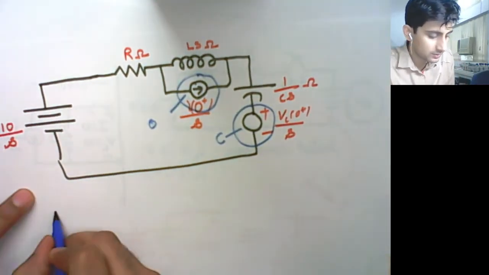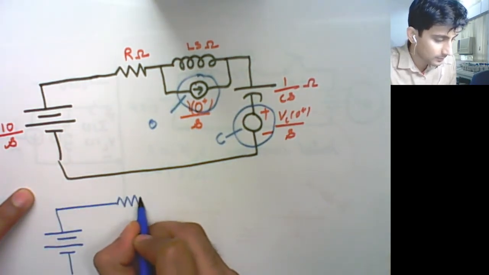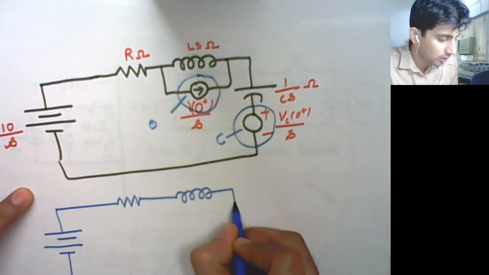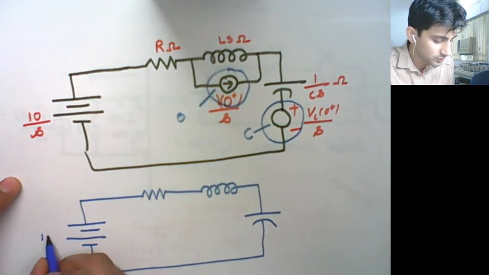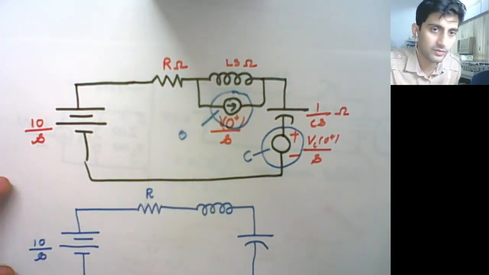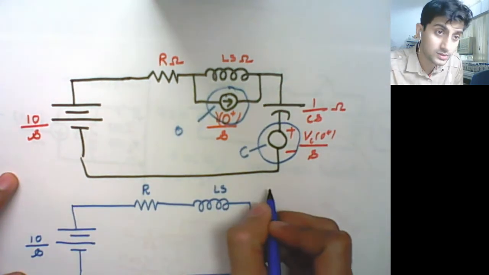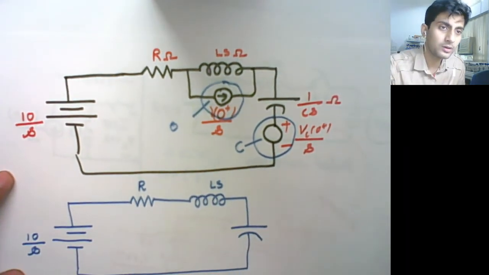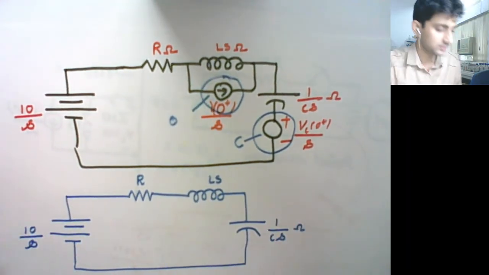So I would just be left with this thing, with all other things in the S domain. I have a voltage source in S domain given by 10 by S. I have a resistance of value R ohms. I have inductance of value LS ohms because it is contributing to the impedance. And the value is 1 upon CS ohms.